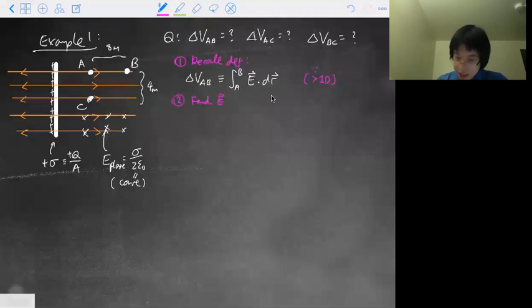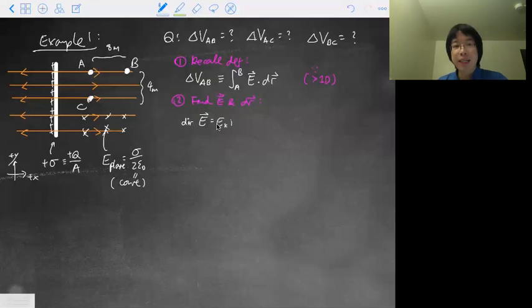Okay. So let's look at the direction first. The direction of E, the electric field, as far as I'm concerned, between A and B is pointing to the right. So let's use the standard where this is positive X, this is positive Y, and positive Z, let's say, is going out of the page, out of the screen. So the direction of E is just in the X direction, or in my notation, it has an X component, but no Y and Z components over here.